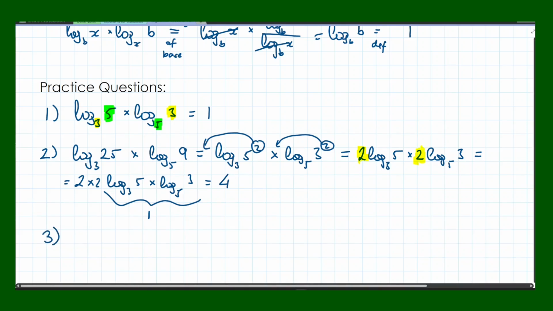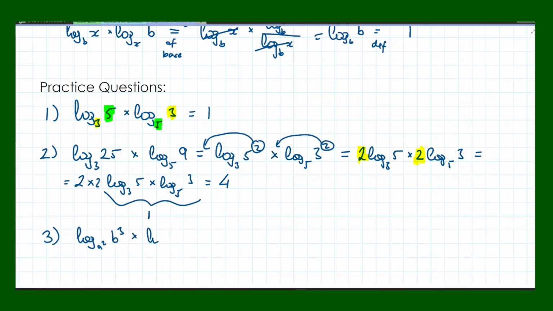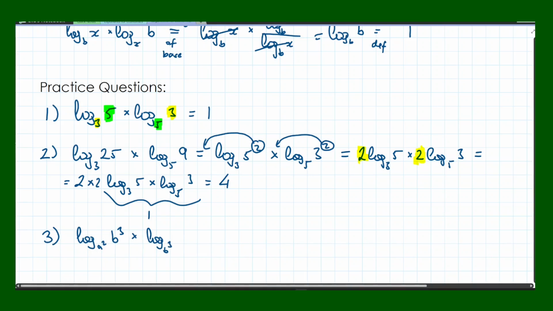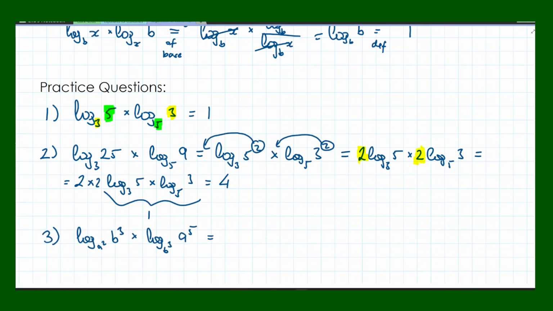Question number 3. I've got log_{a^2} b^3 times log_{b^3} a^5. Wow. We can see that a and b are in the argument and in the base, switching roles in the two different log expressions. However, there are all these exponents flying all over the place. So I suggest that first we tame this down a little bit and remove all those exponents.